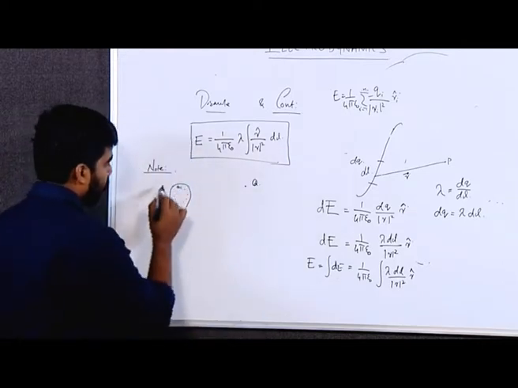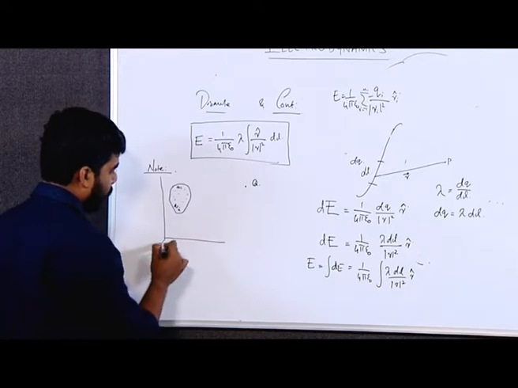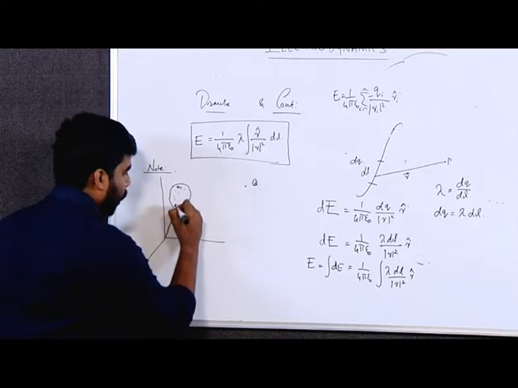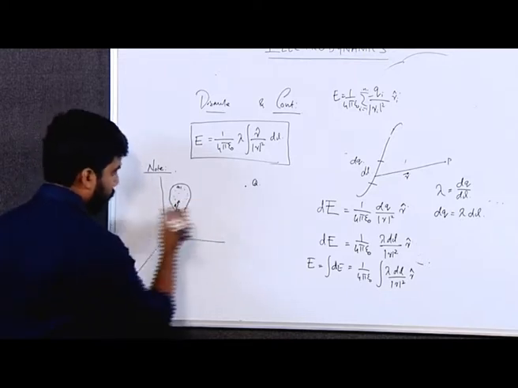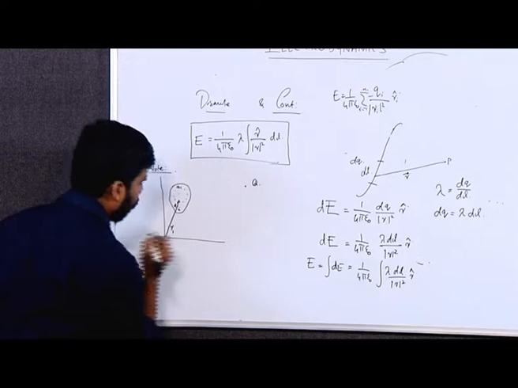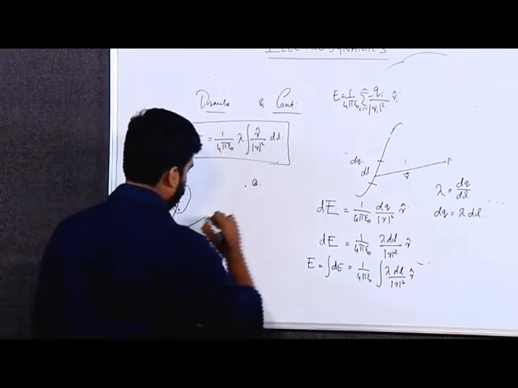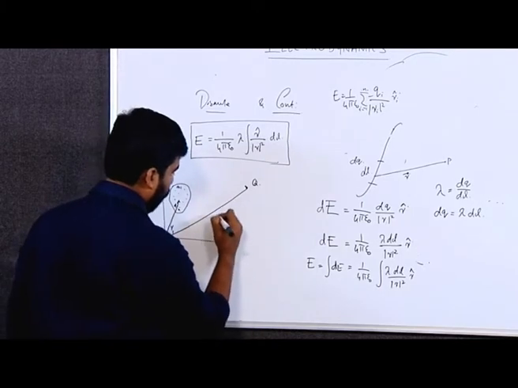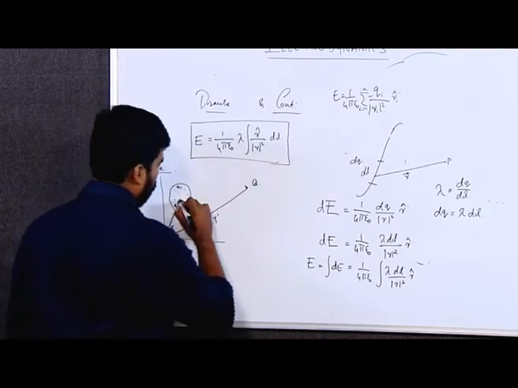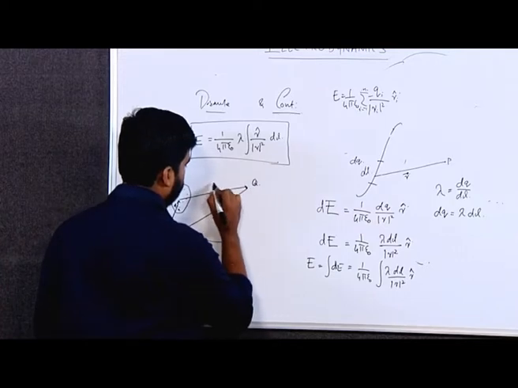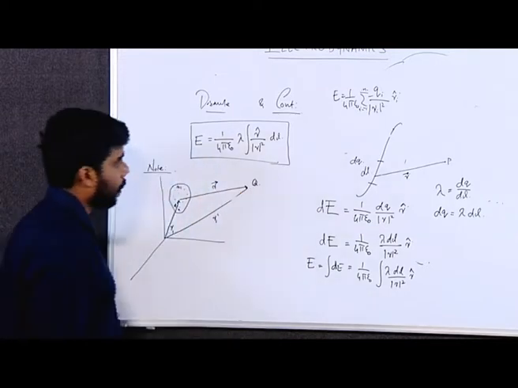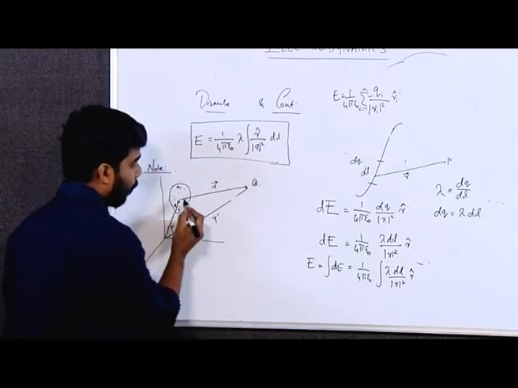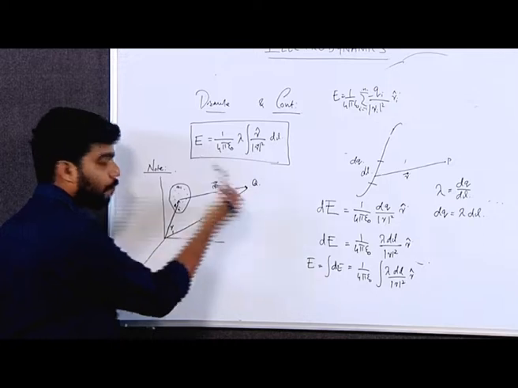I'll consider an xyz coordinate system in which the position vector of q1 and some of the charges is r1, and to the point q the position vector is r1 dash. Then this distance vector r represents the distance from the source point to the field point.